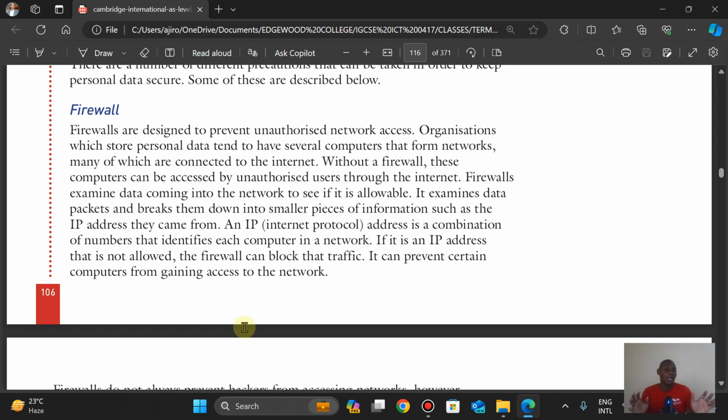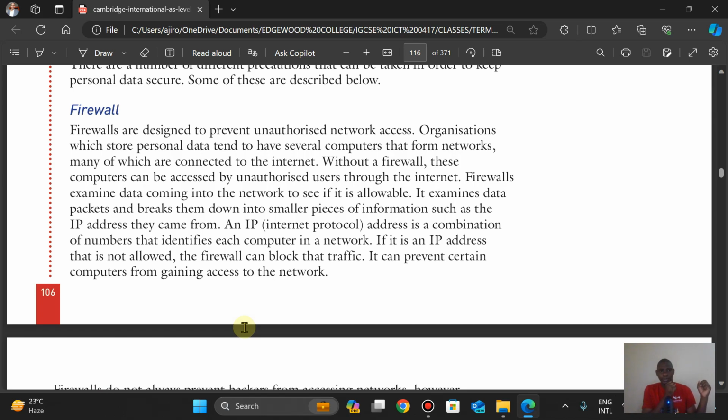Now, without a firewall, these computers can be accessed by unauthorized users through the internet. So what the firewall does is to examine data coming into the network and to see if it's allowable.